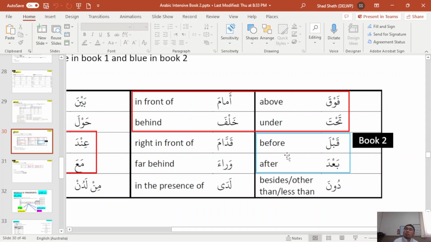I think one of the examples in the book is a week before. So before is qabla. Does anyone know the word for week? Usbuʿun, right? So let's say you want to say before one week. How do you say it, based on the rule that we have learned so far?